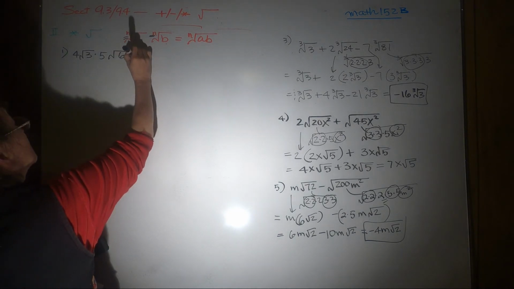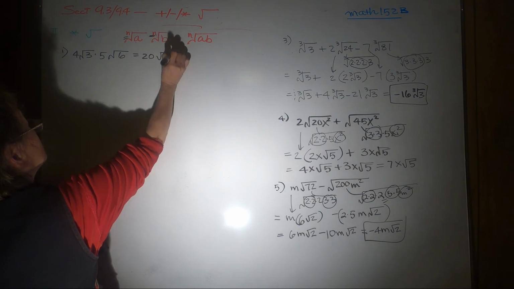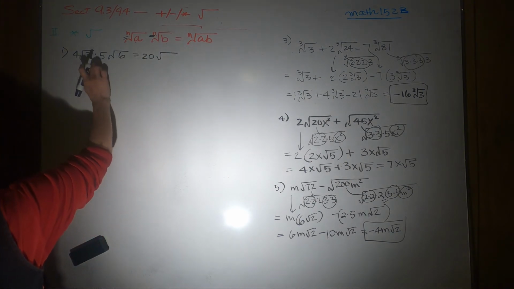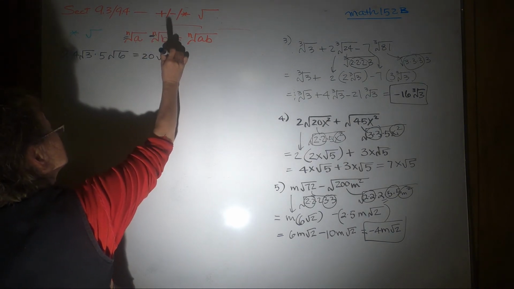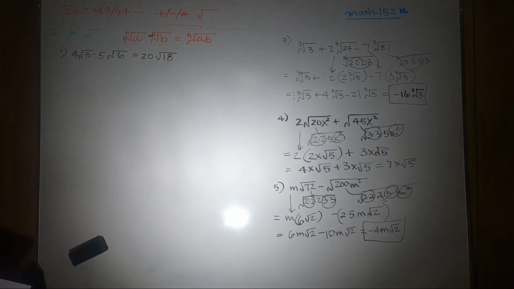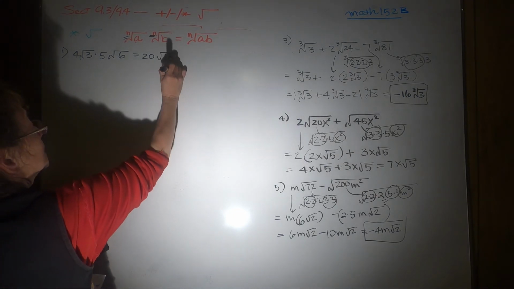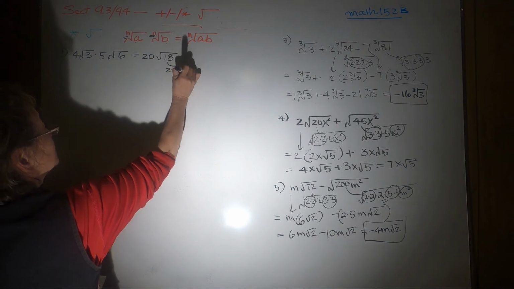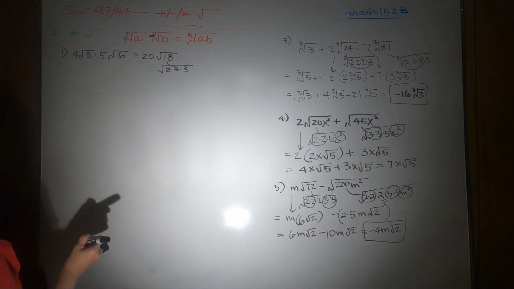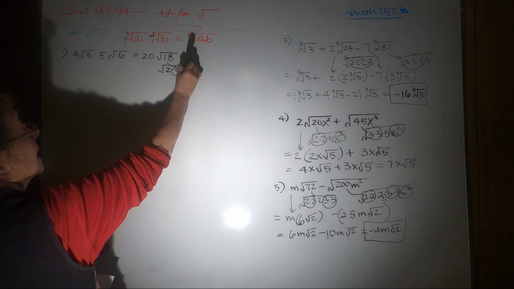4 times 5 is 20. So both are square root, so we can put them together, 180. Do we leave the answer there? We need to do what? Simplify, right? So this one will be 2 times 3 times 3, so you take that out.